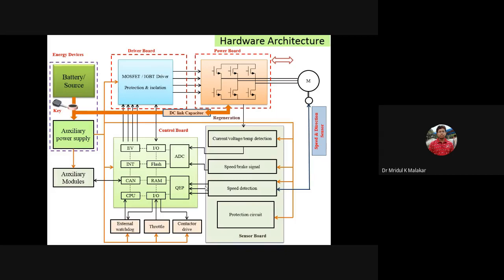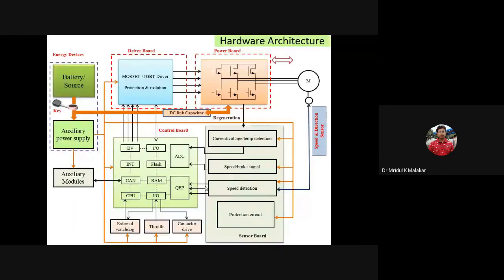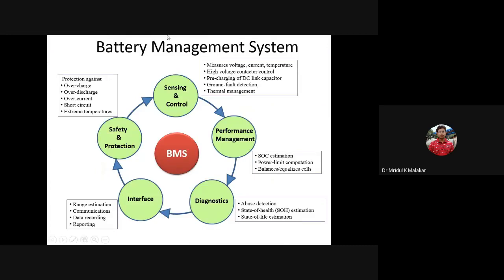Next, the battery. If you are using lead acid, this kind of control protection is not required for the lead acid battery. We know everyone in Agartala city, I have seen that people are using lead acid batteries, and they keep their rickshaws outside in the rainy season, so no problem. But if it is lithium ion, you need the battery management system.